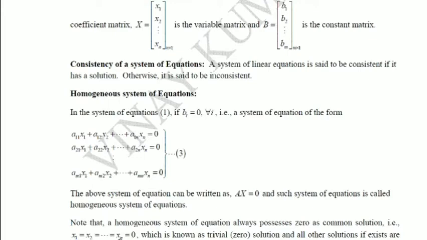Such a solution is called a non-trivial solution. But remember, every homogeneous system will have at least one solution, the zero solution, and some may have other solutions also. So in our discussion, our aim is to find solutions other than zero, because zero will always be a solution.